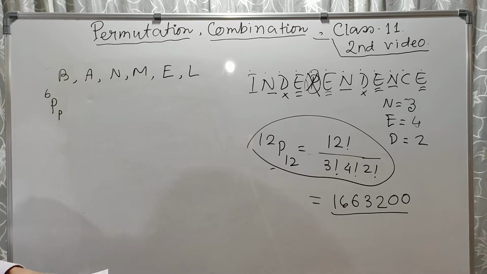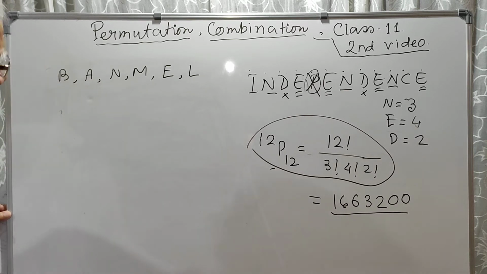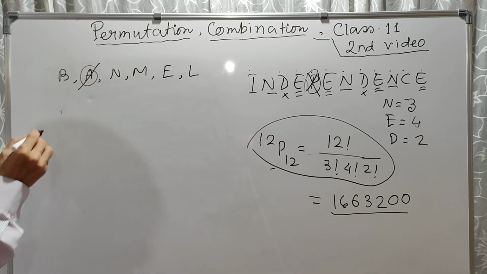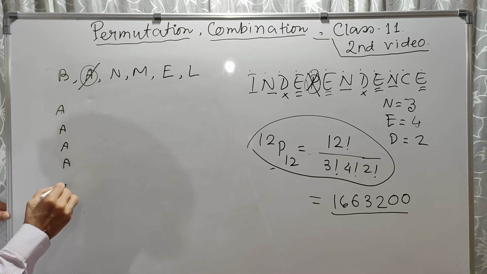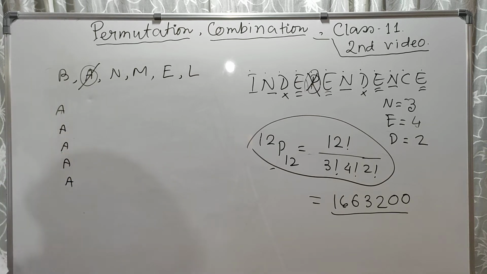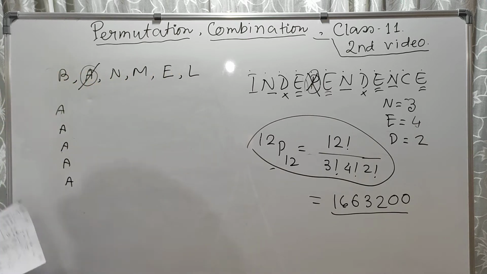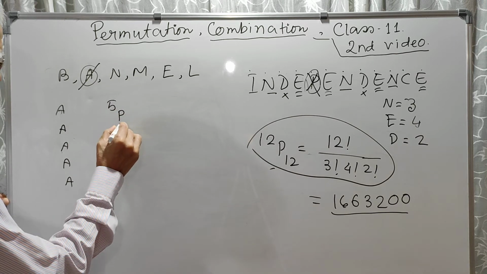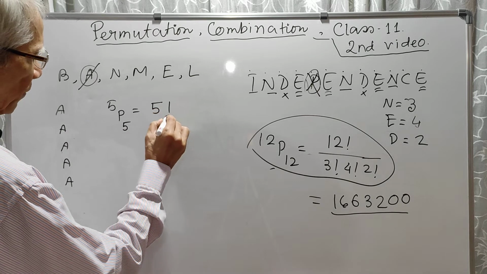All right. So for this purpose, suppose you want to find all the permutations with A in the beginning. Therefore, take A out. Then how many remain? 5 letters remain. So make permutation of 5 letters, taking all at a time. So what do you get? 5 factorial.